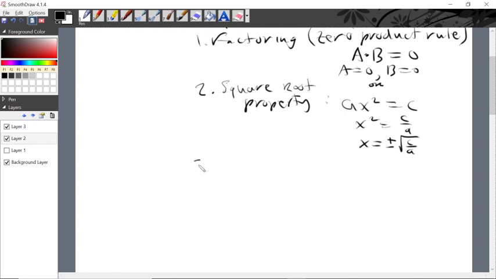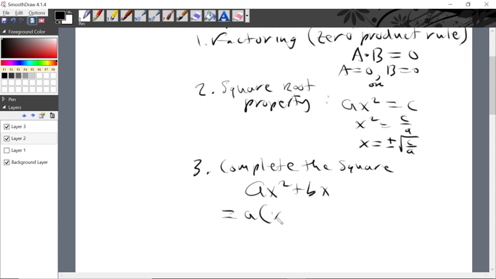Going a little further, we have a technique called completing the square, which has a geometric interpretation of a square. The technique known as completing the square we can apply to an expression such as ax squared plus bx by rewriting it as a times x squared plus b over a times x.